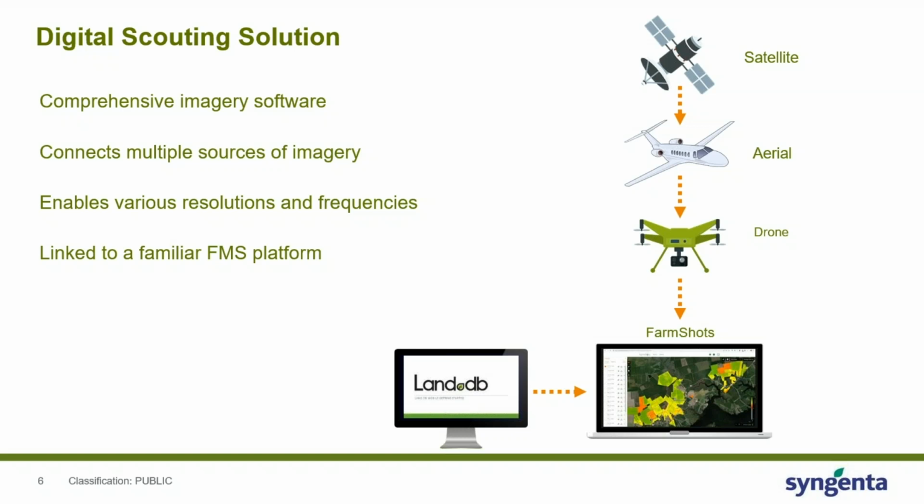One of those interactions we have in the US is through our LandDB FMS program. Our satellite remote sensing is available through our Farm Shots company, which Syngenta acquired in 2018. And they provide remote sensing through satellite imagery, and you're also able to view imagery from planes and also drones from Sony's system.